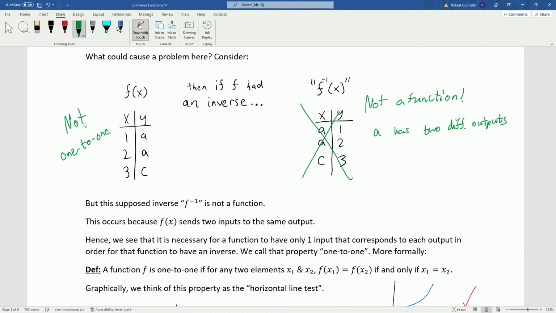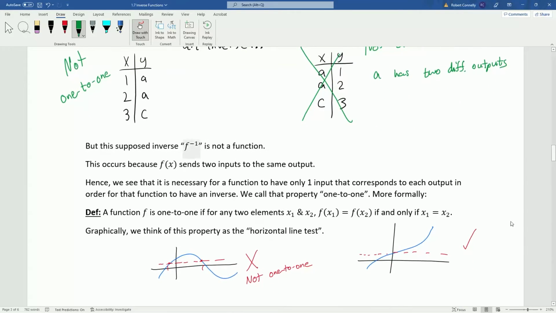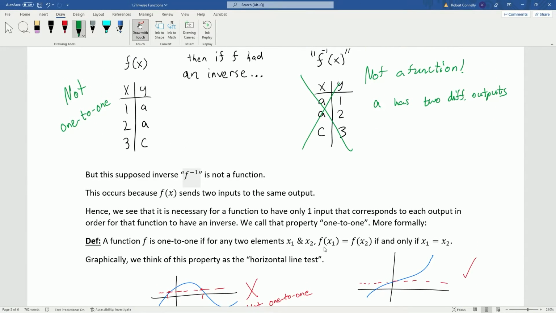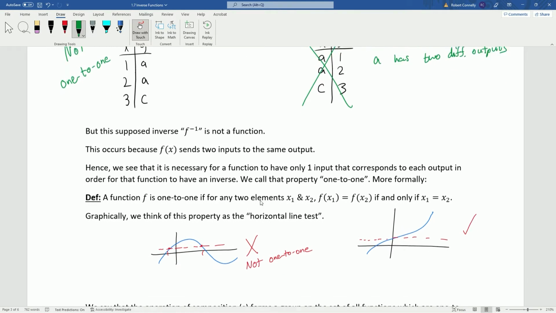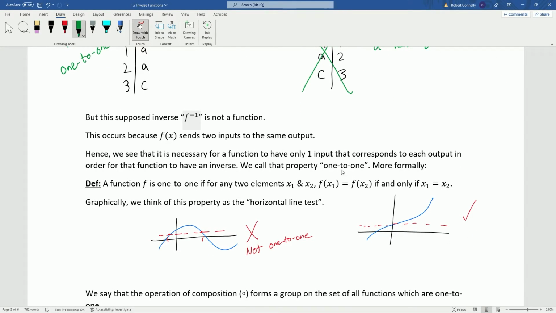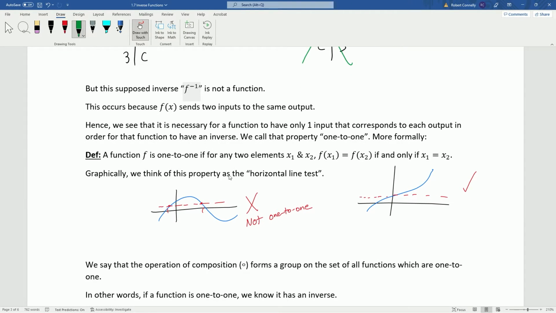Okay, so f of x here is not one-to-one. In other words, we've got the same output, but actually two different inputs. That definition of one-to-one says if you had the same output, you must have had the same input. So we can think of this property as the horizontal line test.